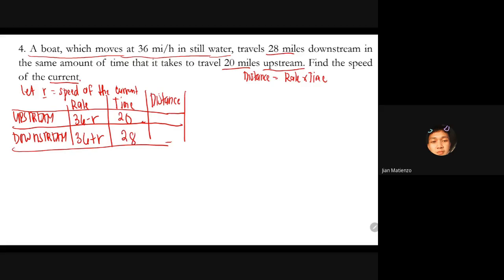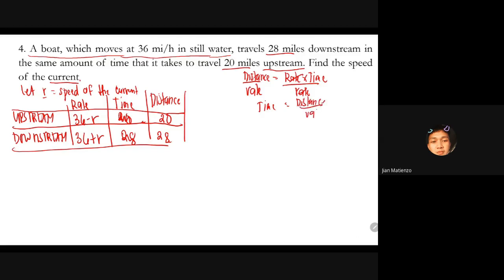So, i-multiply mo lang yan. Ay, sorry. Ang distance pala, mali ako. Ay, 20. 20 ang distance. 20 miles pala, saka 28. So, ang time ngayon, makukuha natin sa pamamagitan ng pag-divide ng distance by the rate.